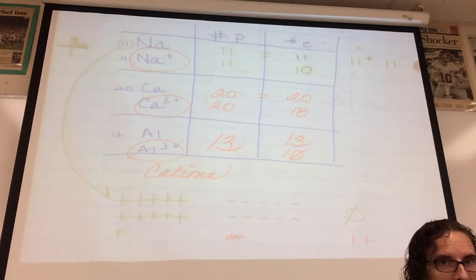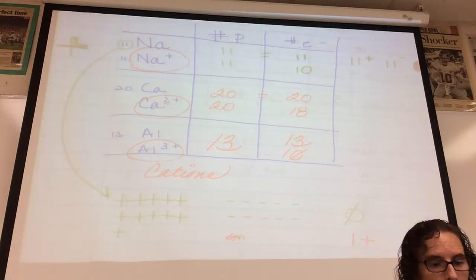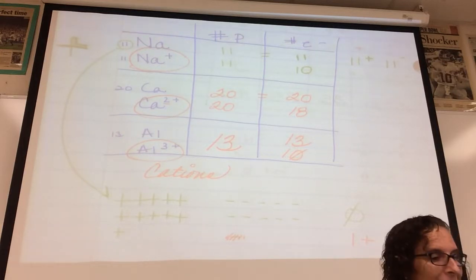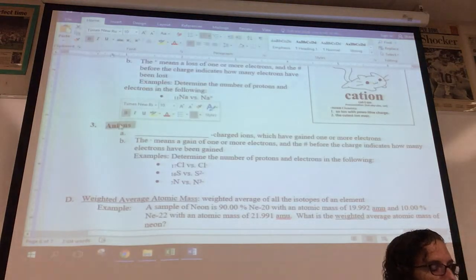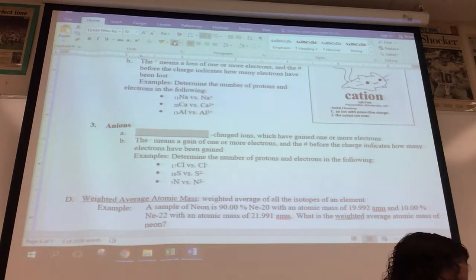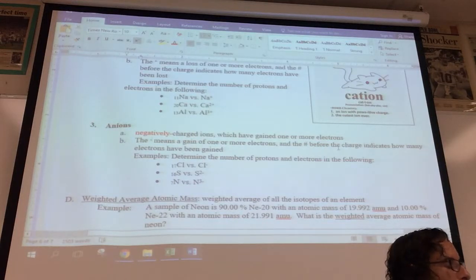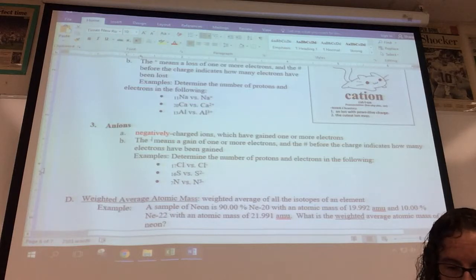Questions on cations? So if you gain electrons, then you are negatively charged, and these will be anions. So anions are negatively charged ions, and they have gained 1 or more electrons. So the negative means a gain of 1 or more electrons, and the number before tells you how many electrons have been gained.